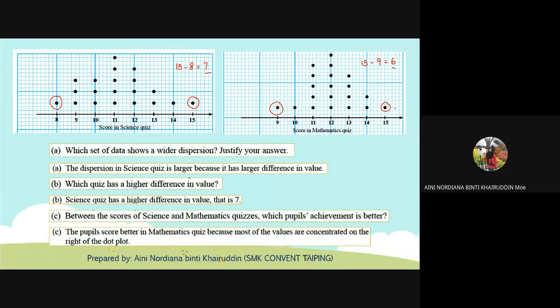Maksudnya banyak tertumpu kepada sebelah kanan. Sebelah kanan ni maksudnya apa? Markah kan? Markah lagi tinggi di sebelah kanan. So kalau ramai student yang concentrated on the right, maksudnya markahnya lebih tinggi. Bila markah lebih tinggi, maksudnya dia punya achievement tu better lah. Tu cara you compare dot plot. Daripada dot plot tu kita boleh dapat banyak maklumat.